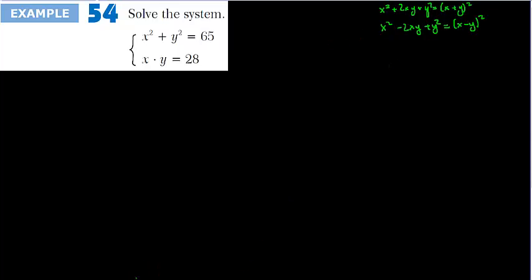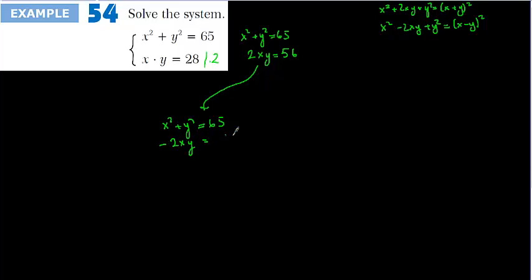So with respect to this one, I'm going to multiply first the second one by 2, then it's going to be like this: x squared plus y squared is equal to 65, then 2xy is going to be equal to 12. If you subtract, x squared plus y squared is equal to 65, then minus 2xy is equal to 12.